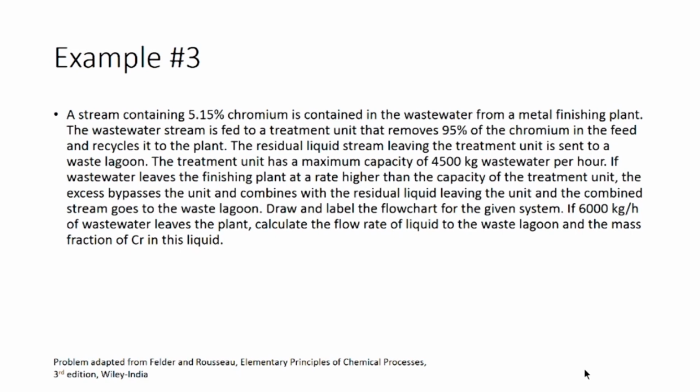If wastewater leaves the finishing plant at a rate higher than the capacity of the treatment unit, the excess bypasses the unit and combines with the residual liquid leaving the unit, and the combined stream goes to the waste lagoon. Draw and label the flow chart for the given system. If 6000 kilograms per hour of wastewater leaves the plant, calculate the flow rate of liquid to the waste lagoon and the mass fraction of chromium in this liquid.